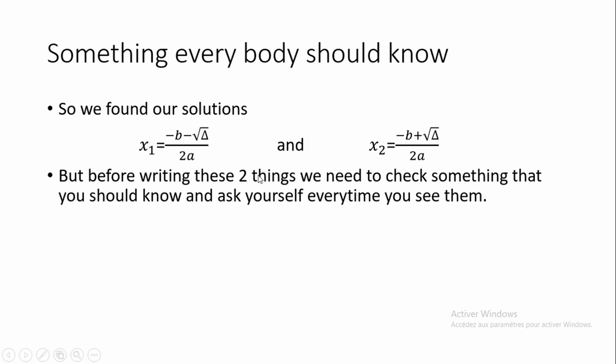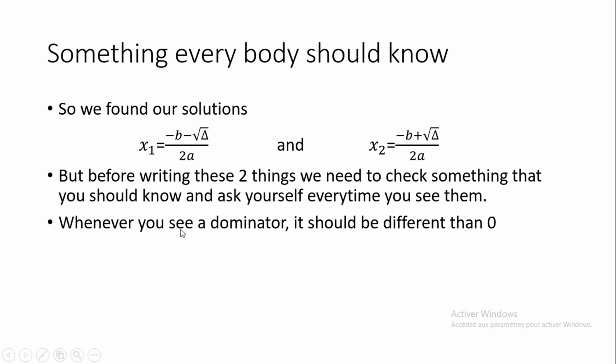But before writing these two things, we need to check something that you should know and ask yourself every time you see them. Whenever you see a denominator, it should be different than 0.